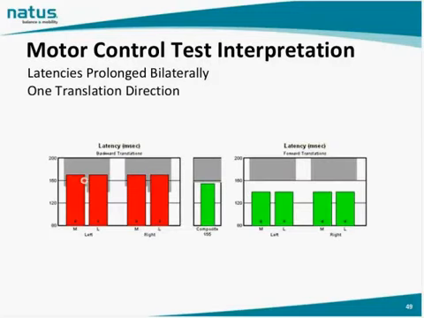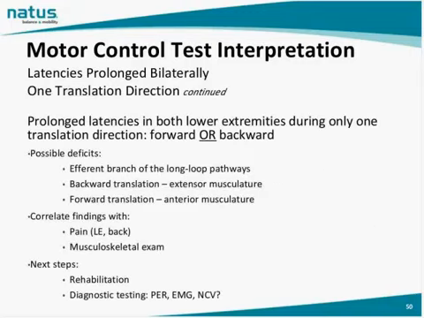If they're prolonged bilaterally in one direction, as I mentioned previously, then you need to look at both lower extremities for possible findings there. Other issues can be pain in the back, and a good musculoskeletal exam would be very necessary.